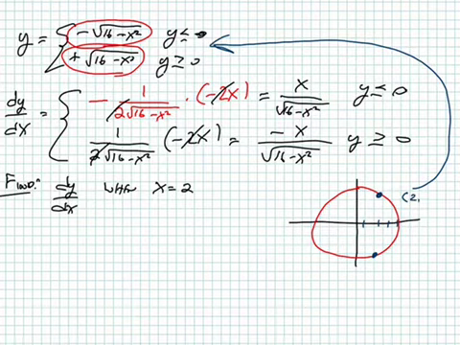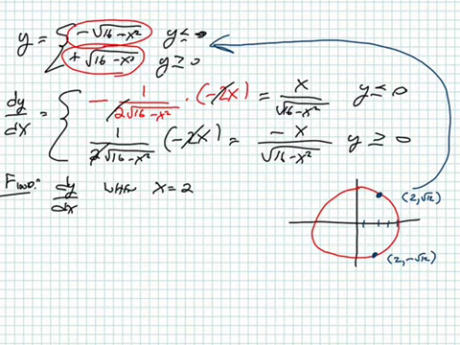So this point here is going to be 2, and then positive square root of 12. And then the point on the bottom, I'm going to have to use the top of the piecewise function. So if I put in x is equal to 2, I get minus the square root of 16 minus 2 squared, which is going to be minus the square root of 12. So this point down here is 2 comma minus square root of 12.